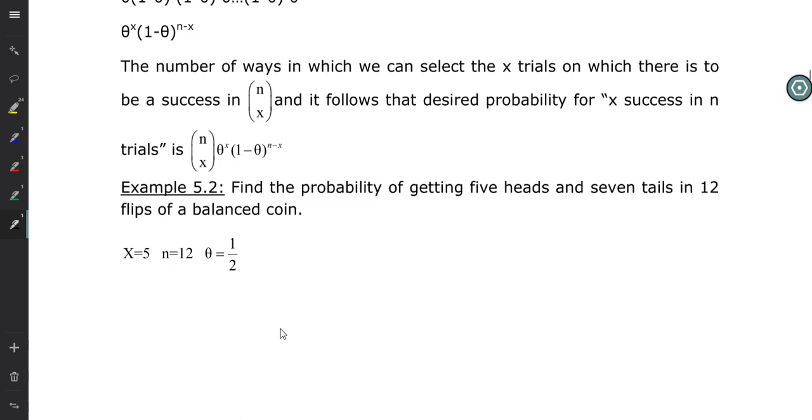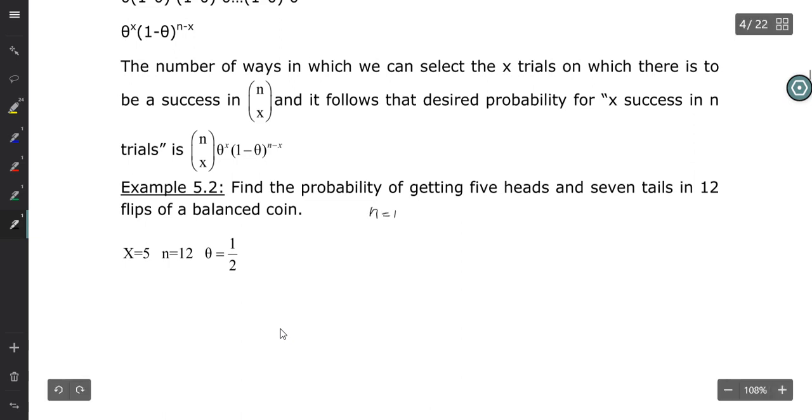You flip the coin 12 times, and if you toss a balanced coin, the tosses are independent of each other. At each toss the probability of getting a head or a tail is 0.5. So all 3 conditions are satisfied here.